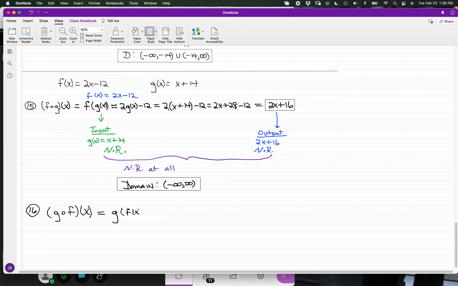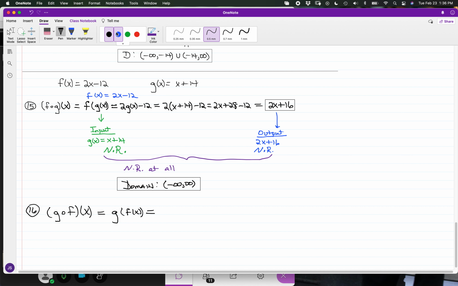Now we have the outside function labeled g, and again operating in accordance with g. So g of the input is equal to the input plus 14.